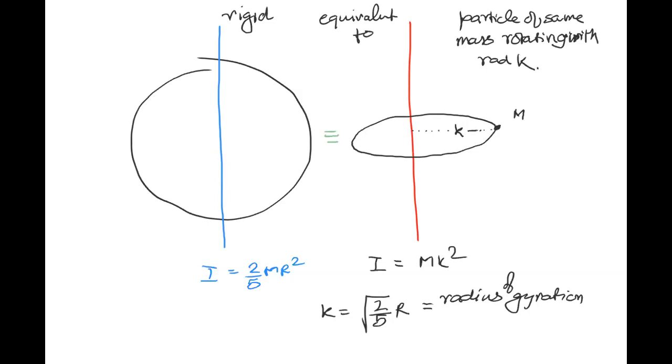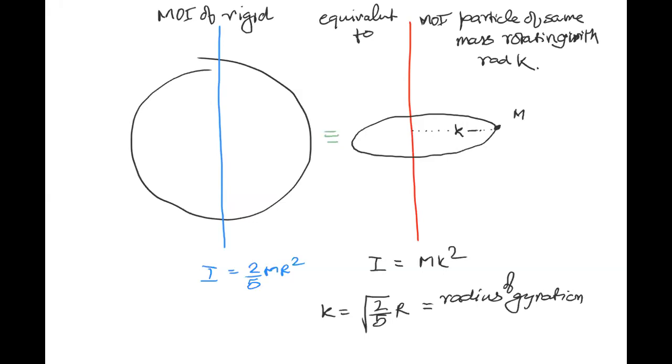Moment of inertia of a rigid body is equivalent to moment of inertia of a particle of the same mass rotating with radius k, then that radius is called the radius of gyration. Very simple. Why is it used?